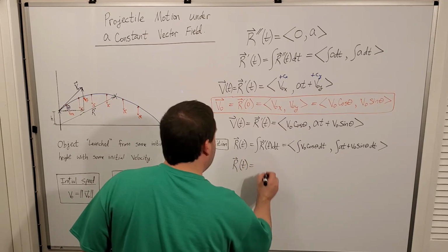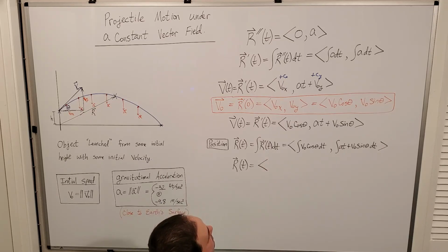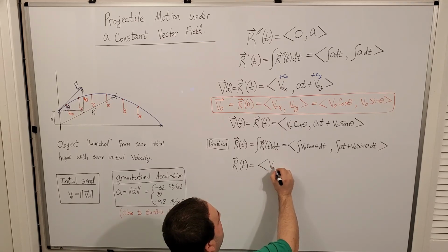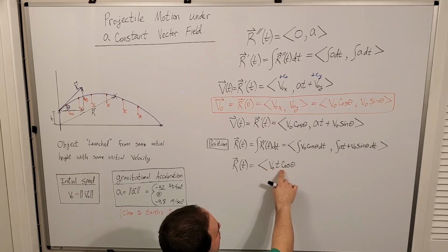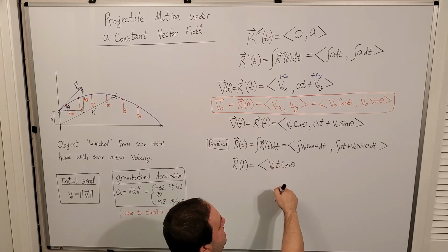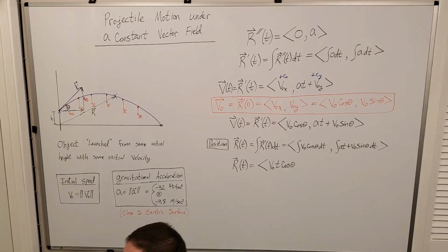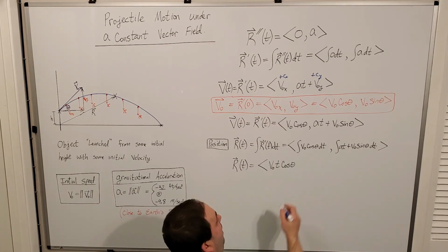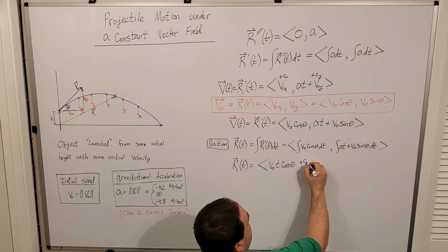So when I do the antiderivative of that, my r of t is going to be like this. I'll have v naught times t times cosine theta. And I could do v naught cosine theta times t, that's fine as well. Whichever way you want to do it. Basically, it's just times t. Now, don't forget, I still need plus a constant.